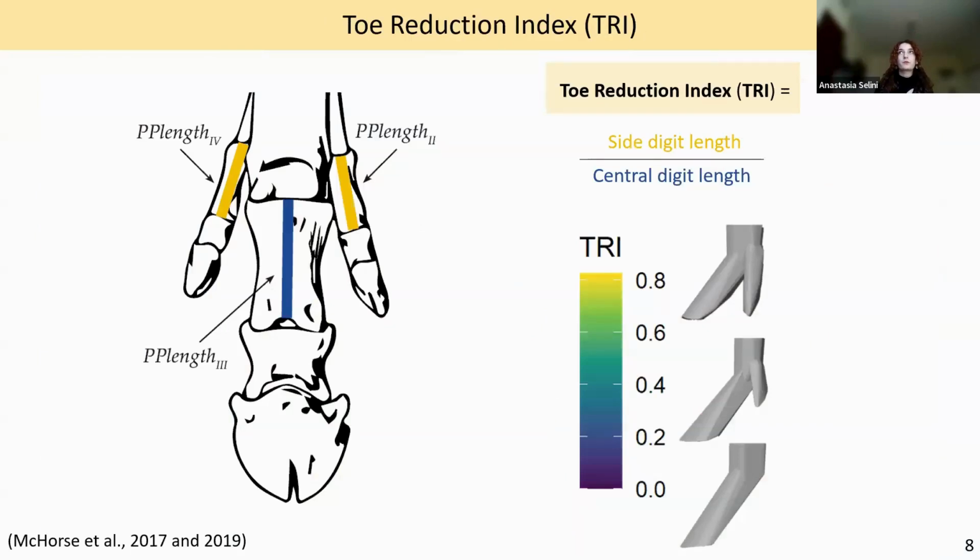To quantify tridactyly, we use the toe reduction index, which is the ratio of side digit length to central digit length based on the proximal pattern, as you see here. And this means that 0 means monodactyly, and the higher the TRI value, the longer the side digits.